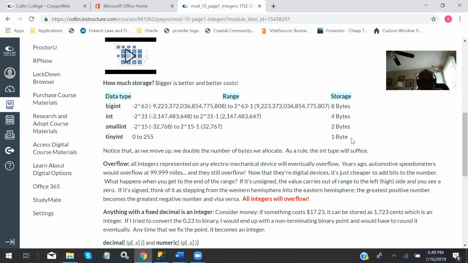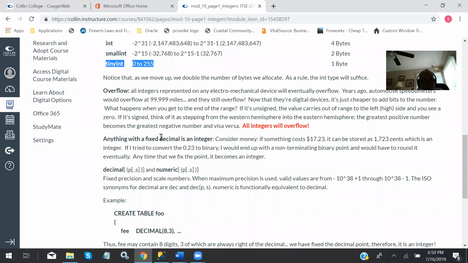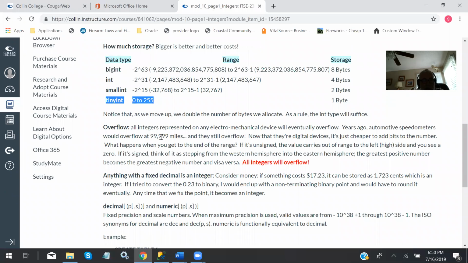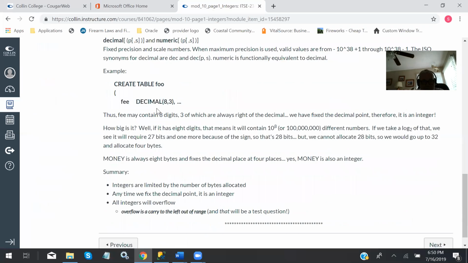Many programming languages give you a Boolean data type. You don't have that in database. You just have to do it. You just make your own. But I have something that gives me 1 byte. When you look at the Boolean data types in Java or C++, you find that they take up a byte. I really can't allocate less than that.